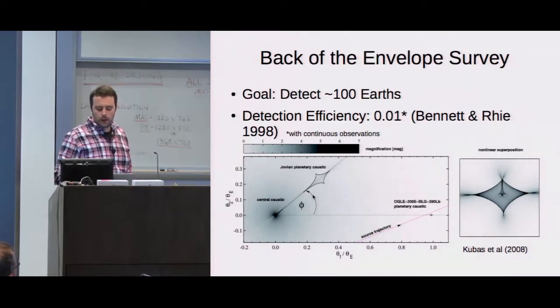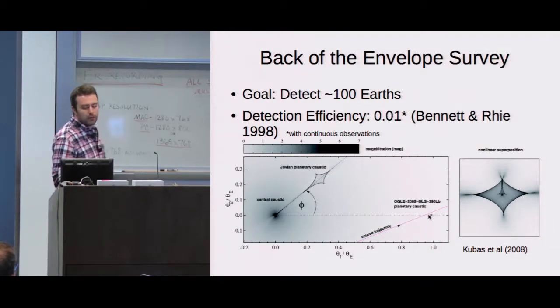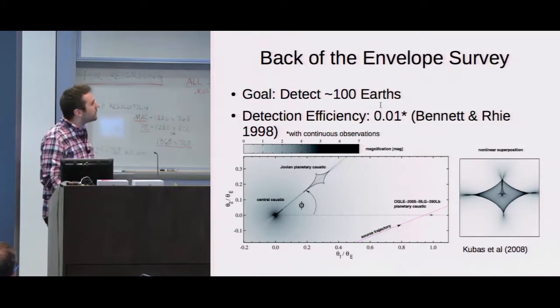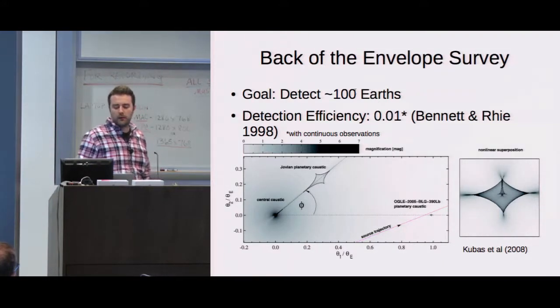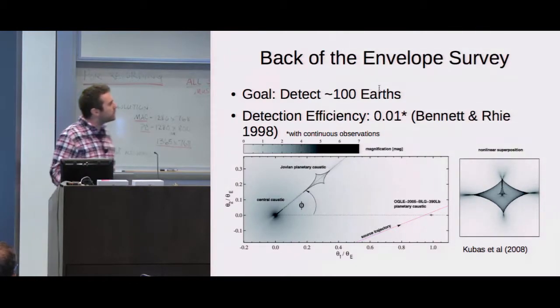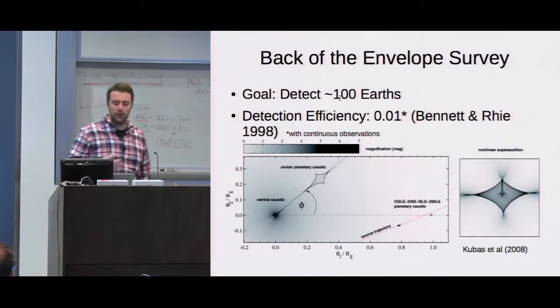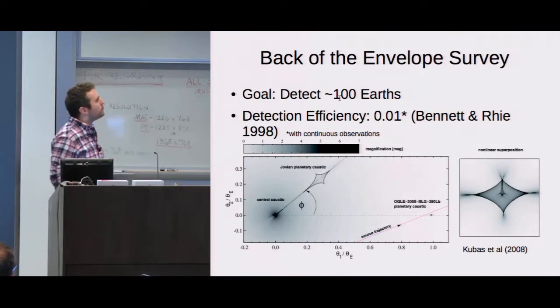As also discussed earlier, the detection efficiency is basically the probability that your source trajectory through this magnification map will encounter one of these caustics. For Earth-mass planets, I think this was first calculated by Bennett and Rhie. Maybe the first papers saying that you could detect planets with microlensing covered this a little bit, but it was Bennett and Rhie that first went through the detailed calculations for planets this small.